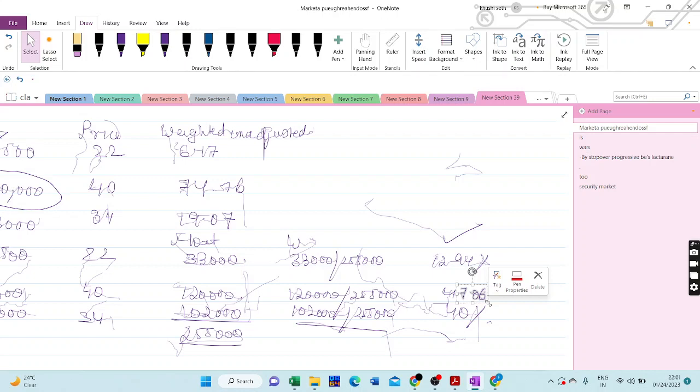Right, so note this down. If a promoter holding in a stock is high, then its weight in a float adjusted index will be lower than its weight in an unadjusted market cap index. Guys, have you noted this down? This is very important.